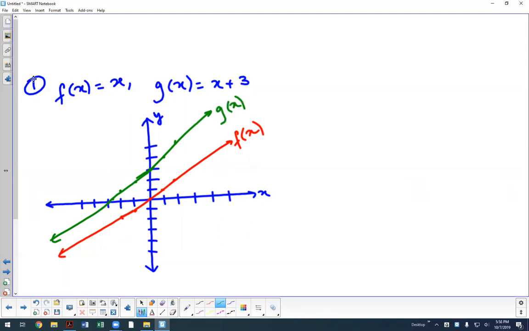I really cannot draw straight lines, can I? Obviously, they should be parallel lines, by the way. If you draw good graphs, make sure they look parallel and not whatever this is.